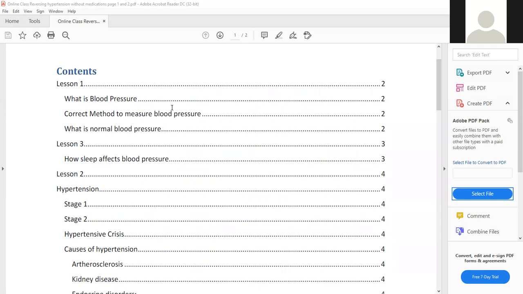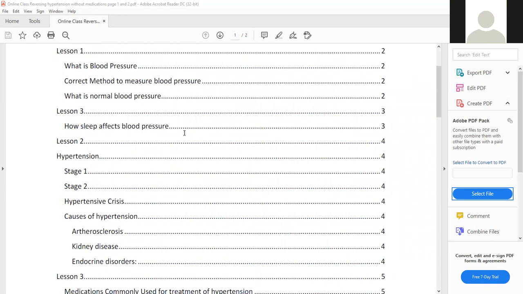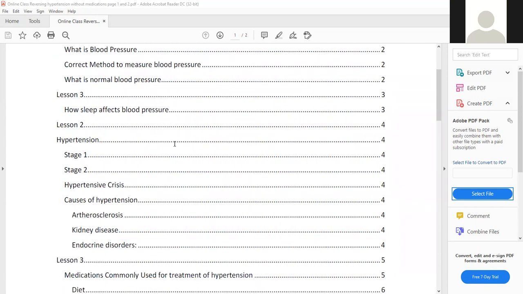What I'm going to do is skip down to some of the things that I want to make sure we can cover. For example, high blood pressure is defined according to different organizations. Some organizations are still using a systolic blood pressure of 140 and a diastolic blood pressure of 90.